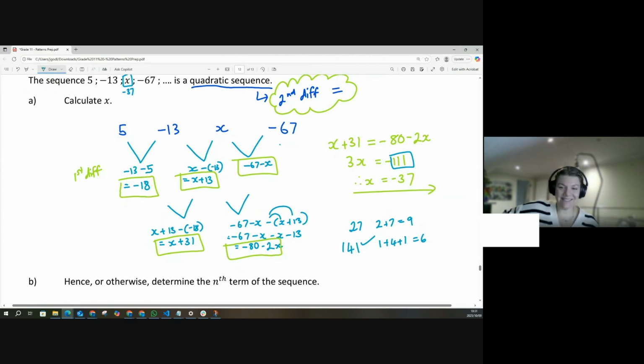Yes, the hence in here is your clue that it can be done slightly quicker.